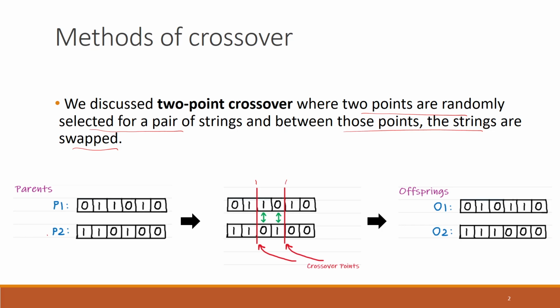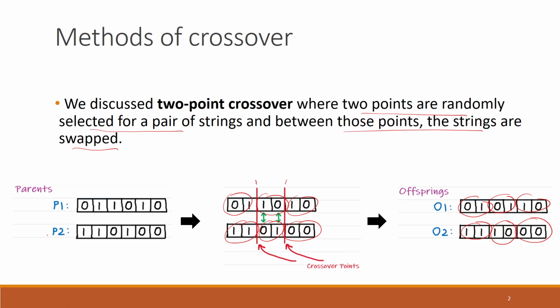Here you can see that this portion 1 0 has now come into this offspring string, and this portion 0 1 has come here. Everywhere else the string remains the same. So this is a 2-point crossover.